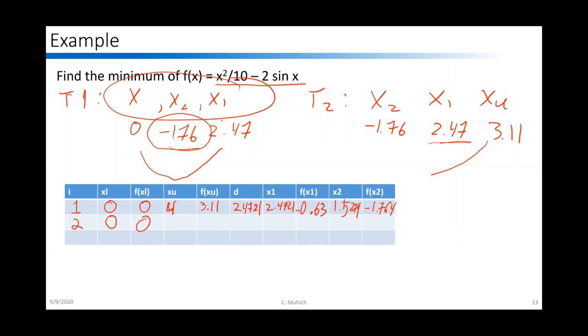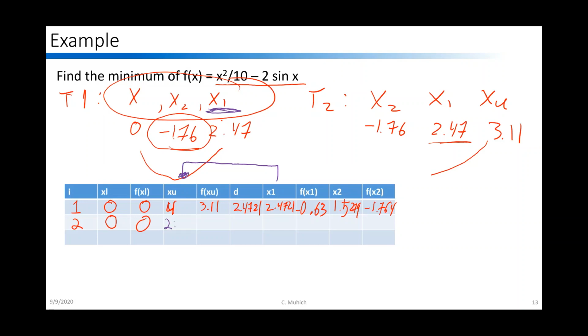I'll retain its value. I'm going to exchange my upper X value for X1. What was X1 is now going to become my XU. So I'm going to take this and plop its values into X upper.